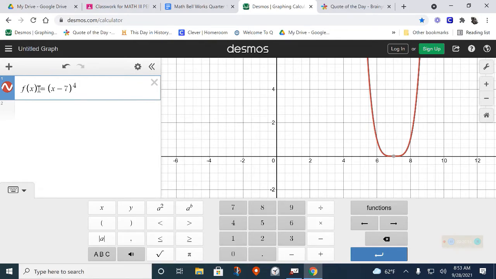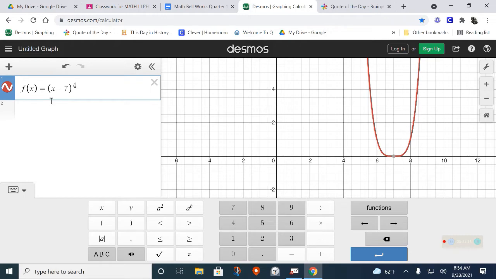But if I put the negative outside, then the x would have to be taken to the 4th power before it multiplies by a negative. Watch. If I put a negative outside, it's now going to reflect over the x-axis, notice. Okay? X-axis outside.